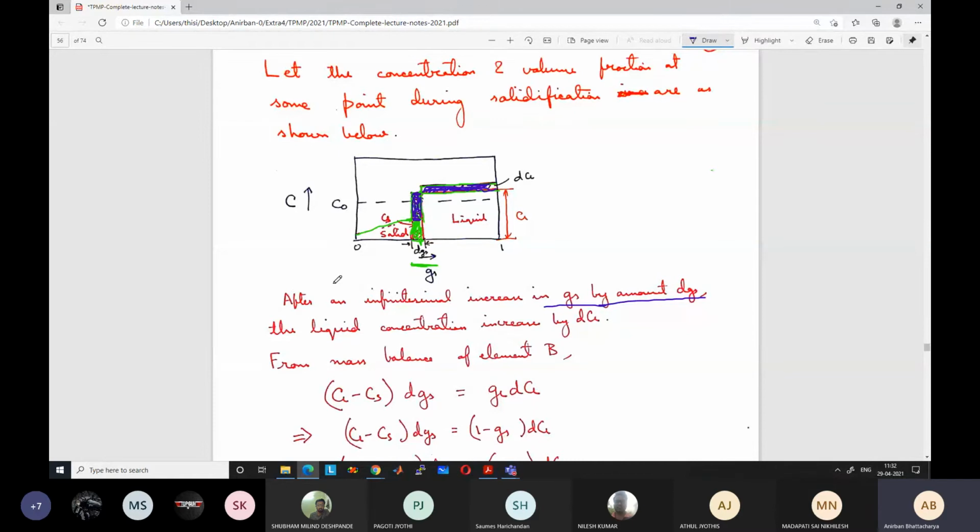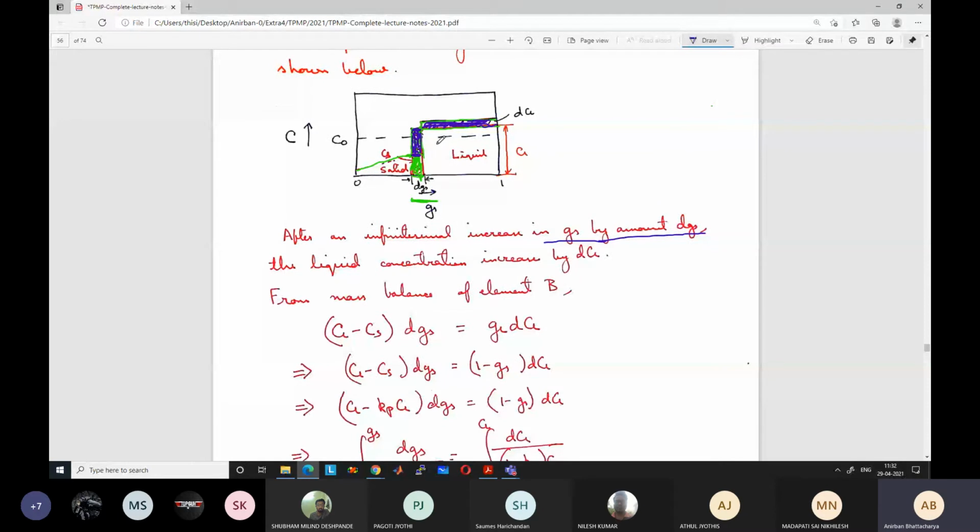So Cl minus Cs into DGs is equal to this area, which is the remaining liquid fraction Gl into DCl. So we are equating this area with this area. I hope this is clear. The amount of solute which gets rejected is equal to the amount of solute which increases the concentration in the liquid.